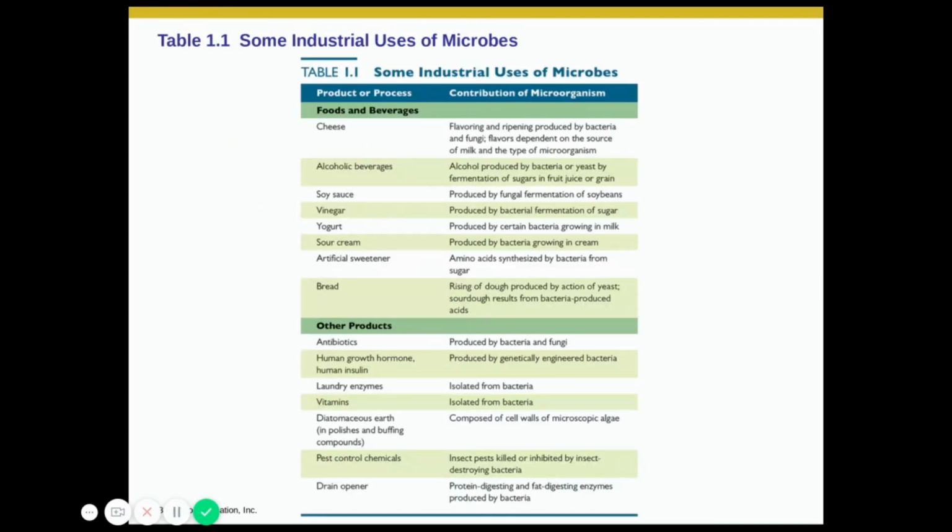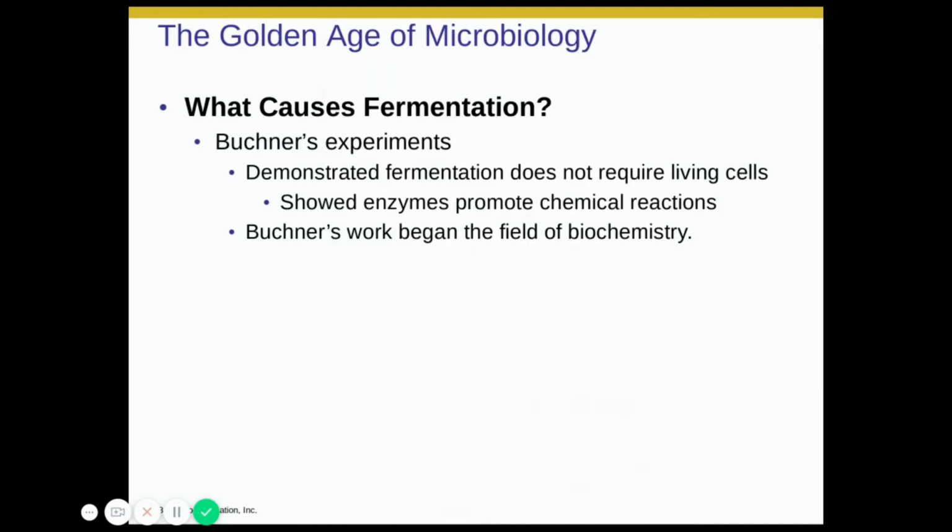But now we know that microbes can produce a lot of products for us, everything from cheese to breads to vitamins to antibiotics to a lot of the hormones that we take. So microbes have become extremely useful, especially with our knowledge of genetics. As we start to learn how genetics works and how microbial genetics works, we can start to manipulate these guys in order to do things that we want them to do.